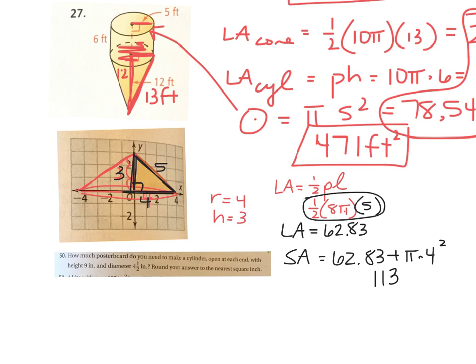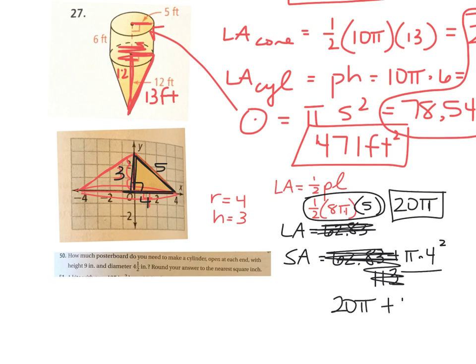Okay, so in terms of pi, we would just do, never mind this, 4 times 5 is 20 pi. Okay, so that's the lateral area. And then for surface area, 20 pi plus 16 pi. So it would be 36 pi square units for the surface area.